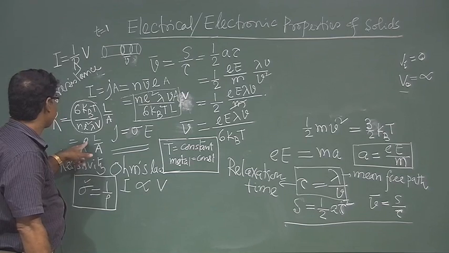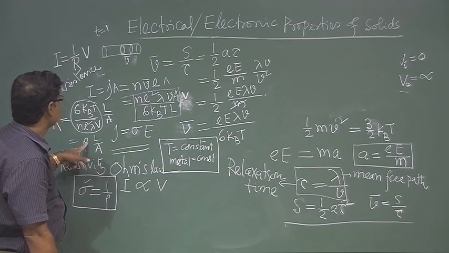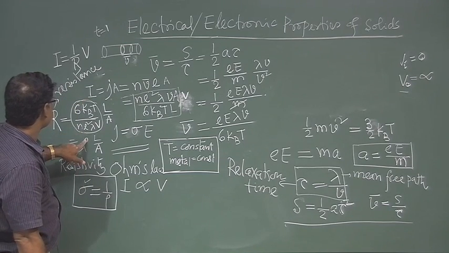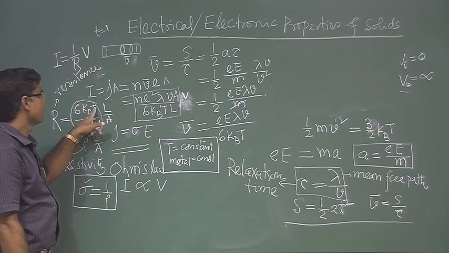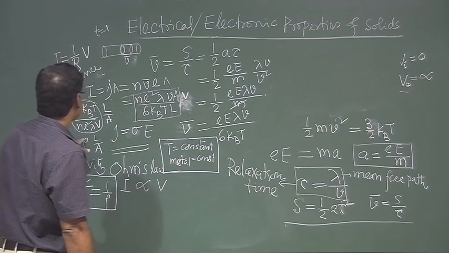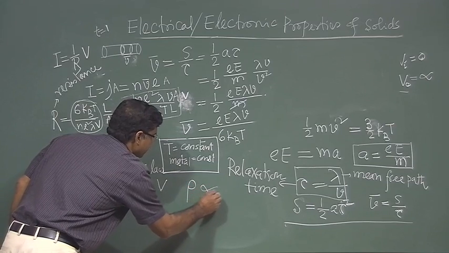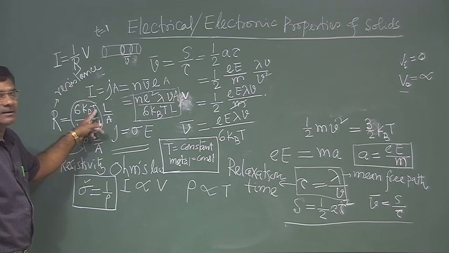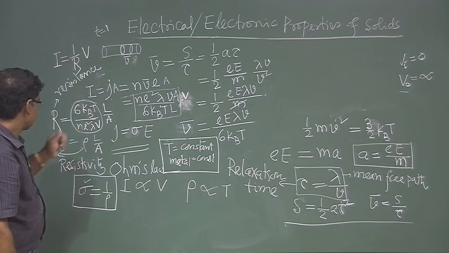So, resistivity, as I told, is proportional to T. If you think about the temperature, the resistivity I have written is proportional to T, right, at room temperature. So, resistivity follows, it is proportional to temperature T, and that one can also see from here, right.